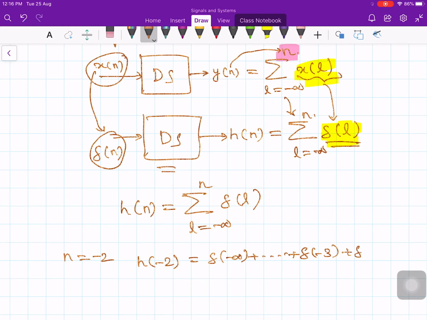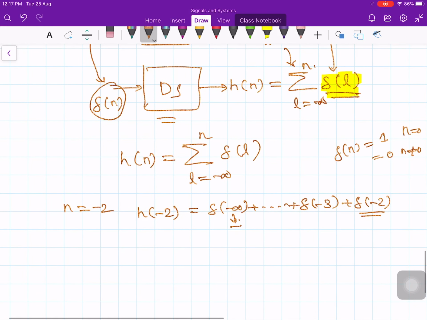What is the definition? Del of n is equal to 1 for n equal to 0 and 0 if n not equal to 0. Therefore, the argument should be 0, then only it has the value of 1. Here the argument is negative and non-zero, therefore, this leads to 0. And here the argument is negative, therefore, this is also 0. And here also the argument is negative and non-zero, so this is also 0. So h of minus 2 is equal to 0.